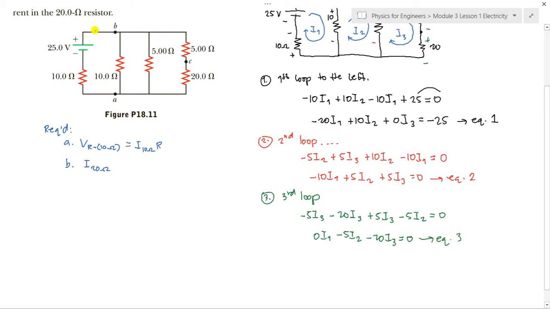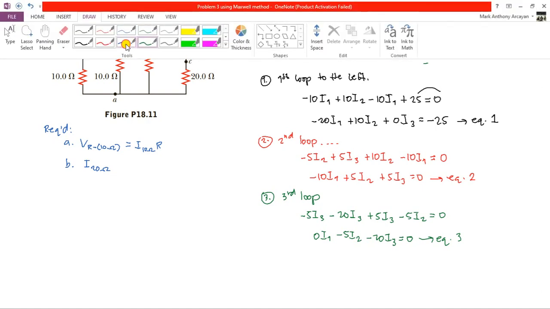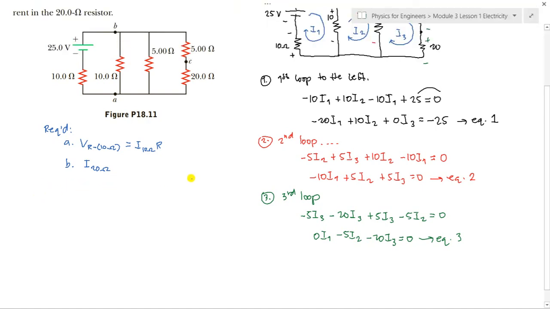Now, we already have three equations. It would be negative 20 I1 plus 10 I2 plus 0 I3 is equal to negative 25.